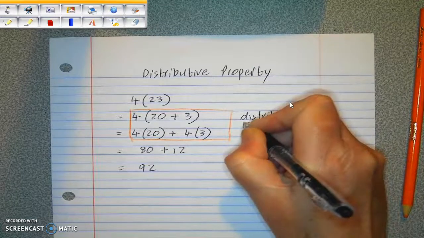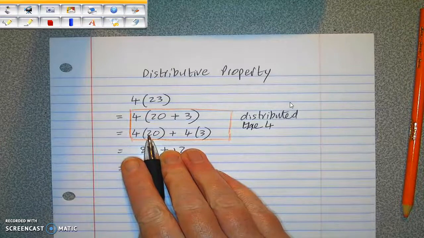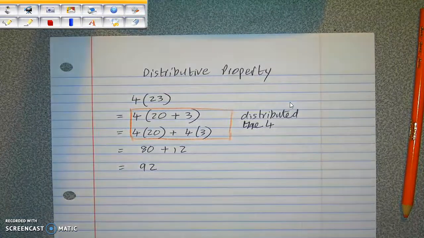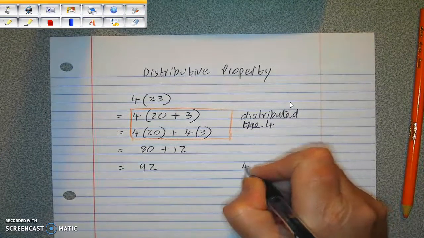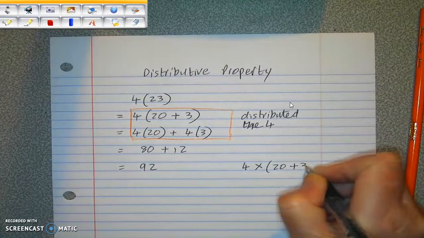So the factor of 4 was distributed to the two terms that were inside the parentheses, to the 20 and the 3. You can also think of this as an area model, because what you're doing is 4 times (20 plus 3).